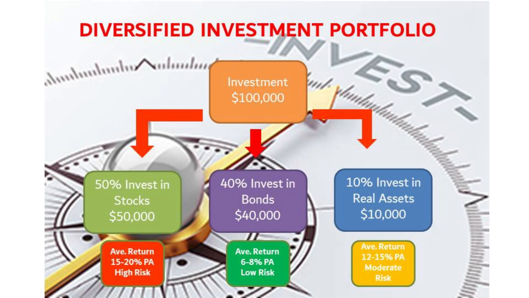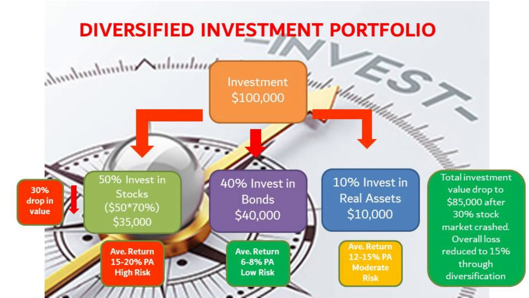Now let's see how diversification actually reduces risk. Suppose the stock market crashes by 30%, your $50,000 in stock could drop to around $35,000. But here's the good news: your bond and real assets may hold steady, even rise. That means your total portfolio would be around $85,000, a 15% loss instead of 30%.